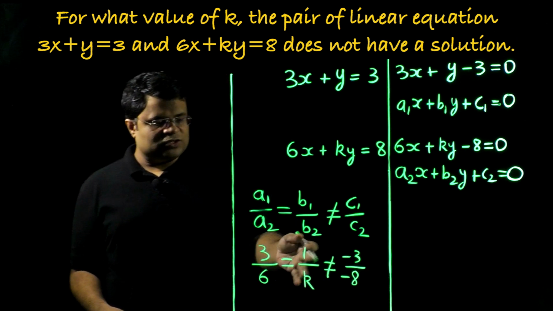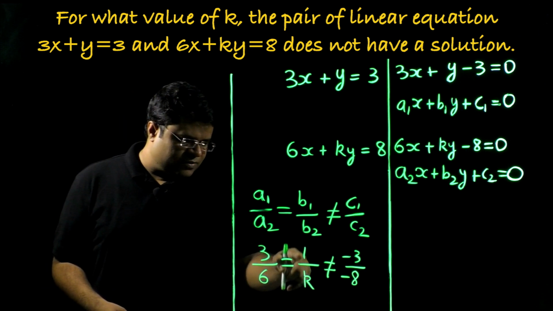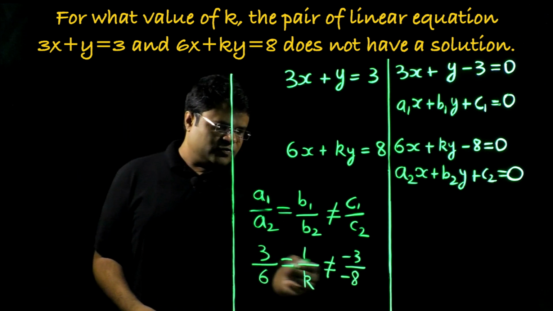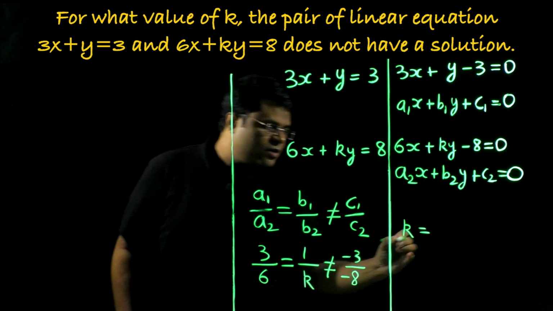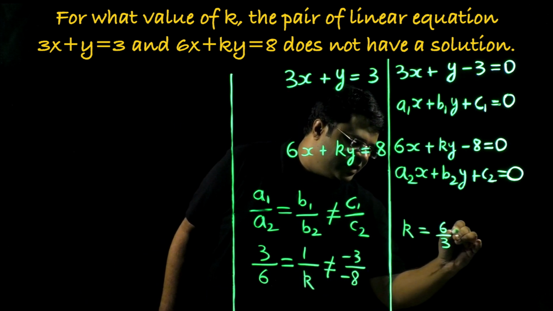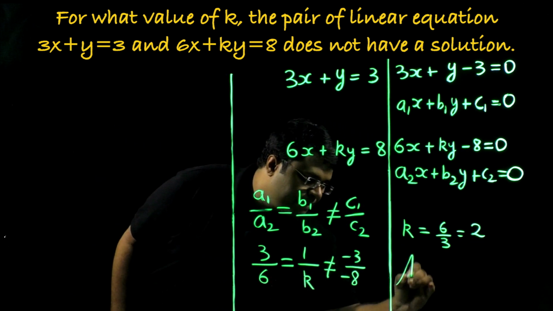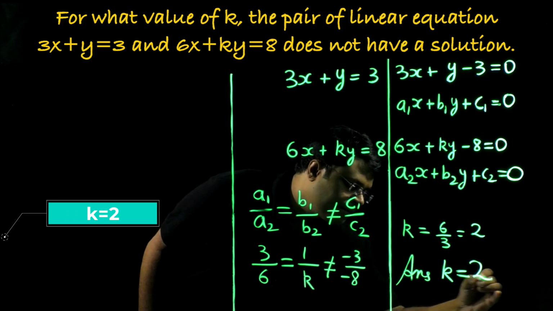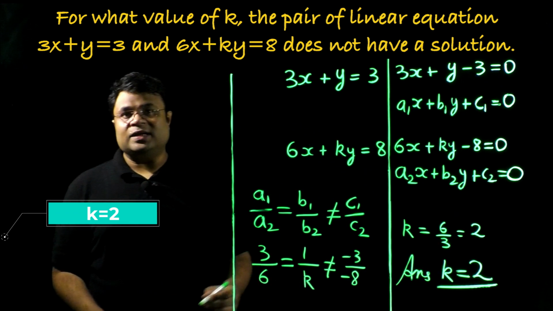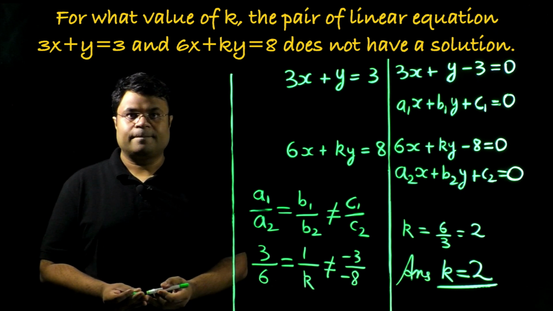So obviously this is not equal to minus 3 by minus 8, hardly matters. 3 upon 6 is equal to 1 upon k. If you solve this, k is simply equal to 6 by 3, that is 2. So what's your answer? Your answer is k equals 2.